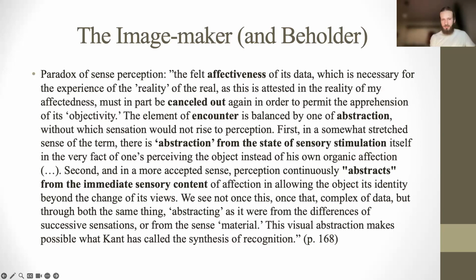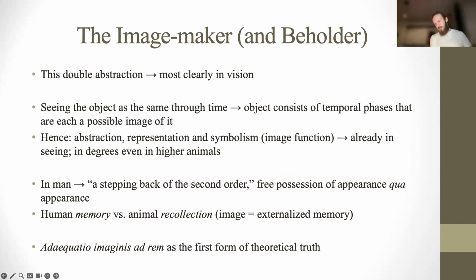This visual abstraction makes possible what Kant has called the synthesis of recognition. So this abstraction, with its two moments, is most clearly seen, is most conspicuous precisely in vision.